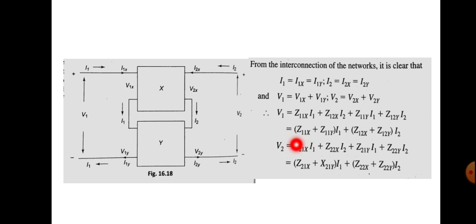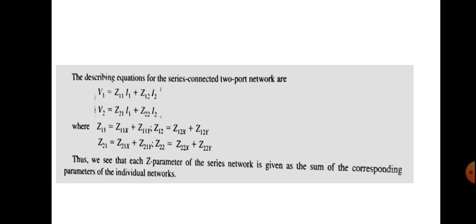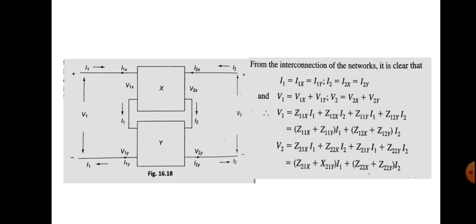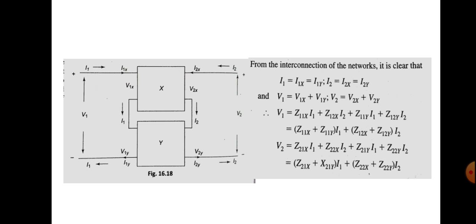From this relation, this represents Z11. So you can write V1 equal to Z11 I1 plus Z12 I2, where Z11 is Z11X plus Z11Y, and similarly Z12 is Z12X plus Z12Y. That means the Z parameter of the series network is the sum of the corresponding parameters of the individual networks. Similarly, we take the V2 equation.